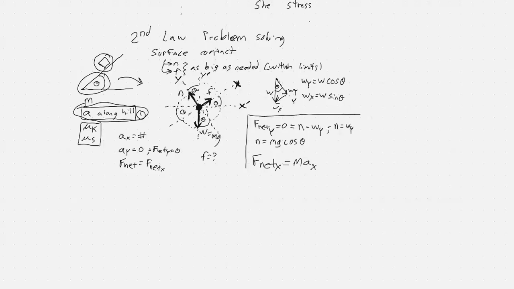Second law says F net is equal to ma, but where does the F net come from? It comes from all the forces aligned on that axis. In this case, in the direction of the acceleration, which should be down the hill, I would have Wx. And subtracted from that would be whatever frictional force I might have.